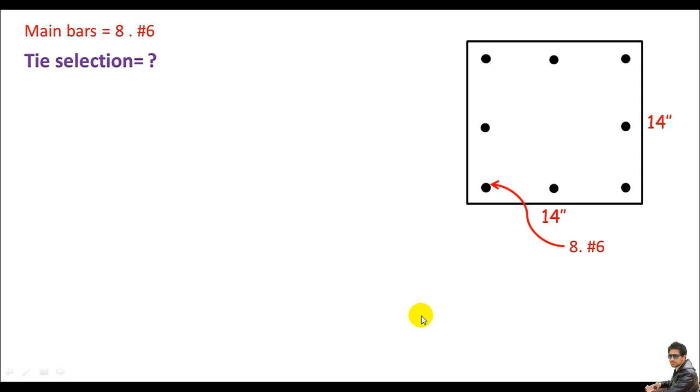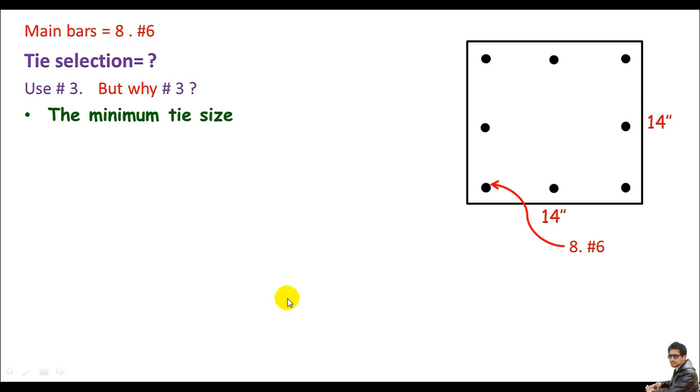My next thing is to select tie. I'll say use number 3. But why number 3? Remember from part 1 of this lecture, we have learned the minimum tie size.